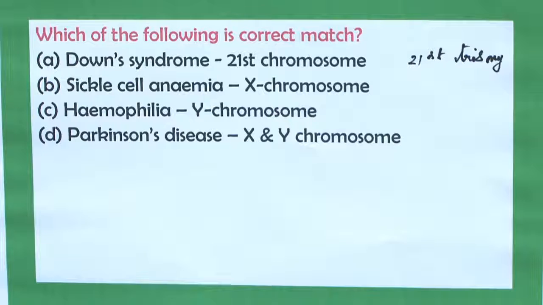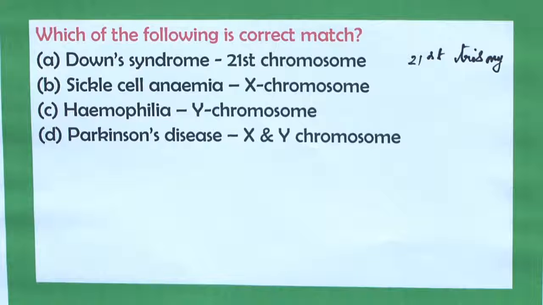When you take up option A, Down syndrome, that is the 21st chromosome. Down syndrome occurs due to an extra chromosome present at the 21st pair of autosomes. Option B, sickle cell anemia, is an autosomal recessive gene disorder, not an X chromosome disorder.